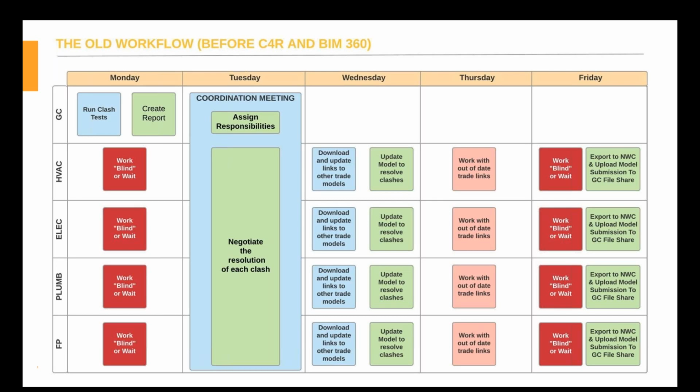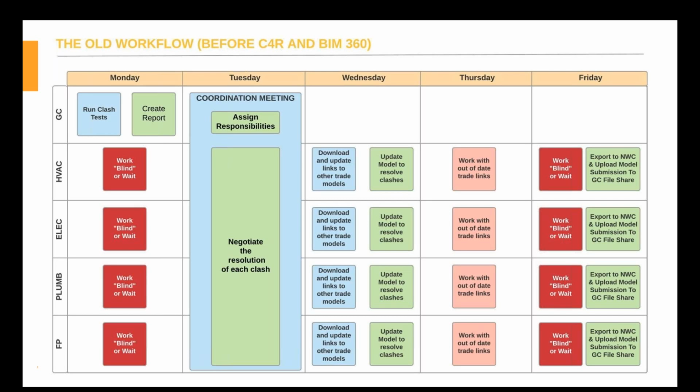Then everyone can download each other's updated models, update their links in the software that they're using to do their VDC or construction coordination modeling, and then start making the changes that were directed from the coordination meeting.